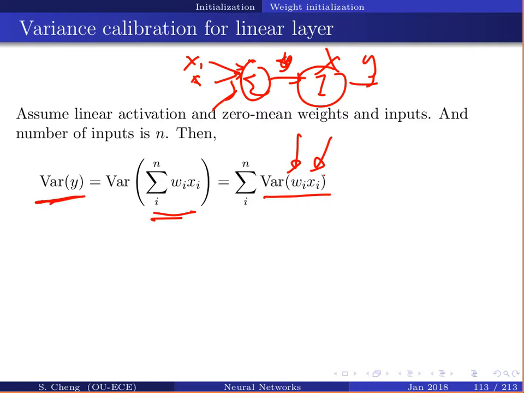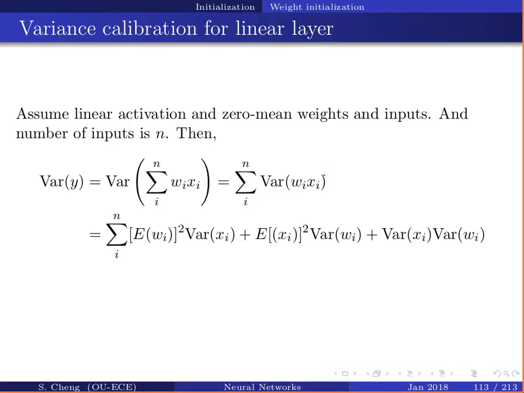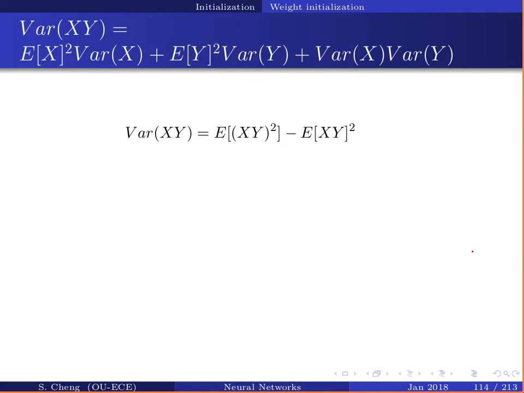So it turns out that this variance is equal to something like this. It's not hard to show. It will be a slide of algebra, but you will need a little bit of knowledge of expectation and variance. Let's say I have a variance of x and y.